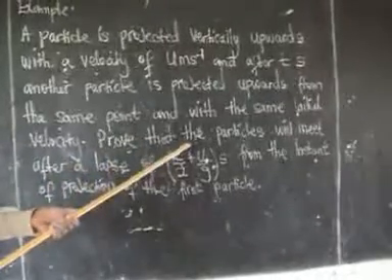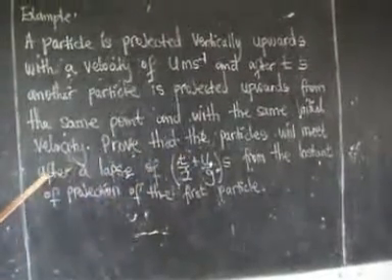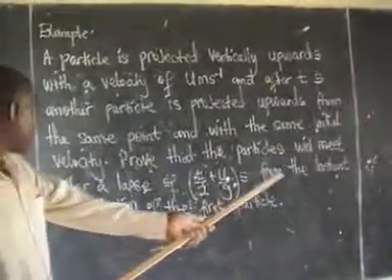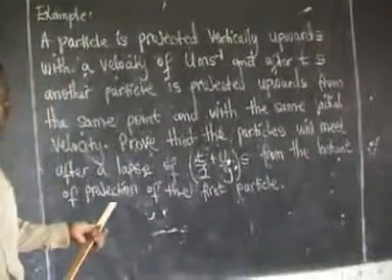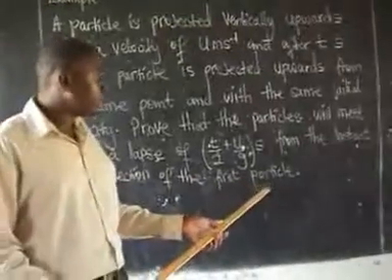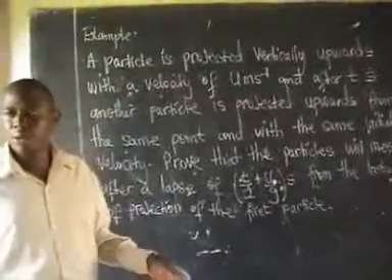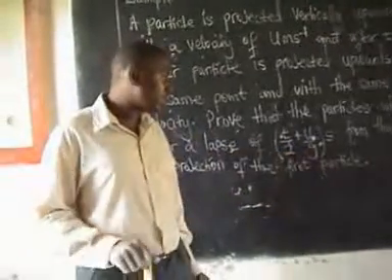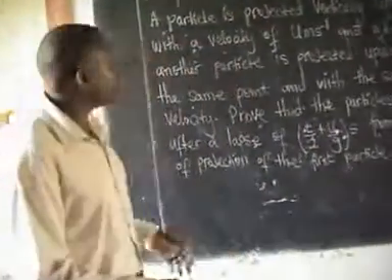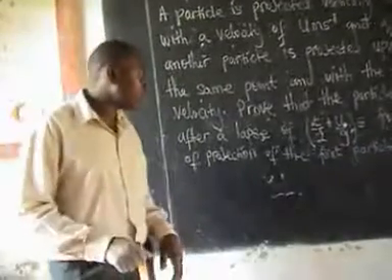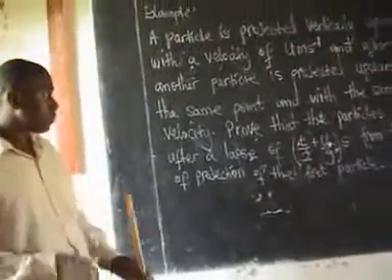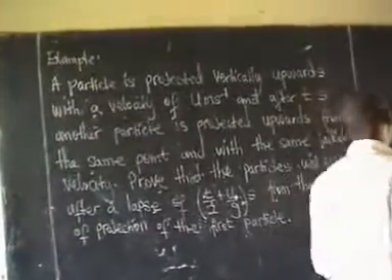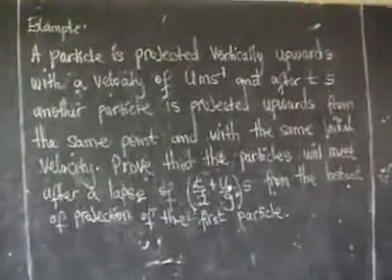Prove that the particles will meet after a lapse of the given time from the instant of projection of the first particle. So we are now having a task of deriving this given expression. However, we are going to apply what all along we've been using. So we begin by sketching the challenge.